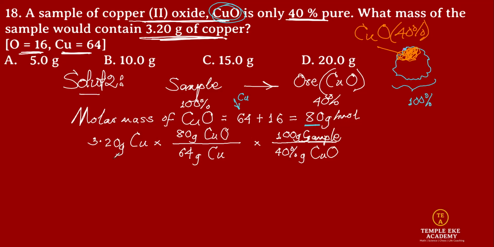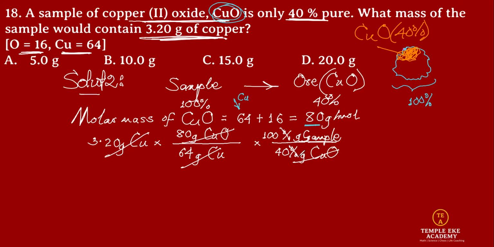Now, as we observe, the units already give way. Gram of copper 2 oxide eliminates gram of copper 2 oxide. Gram of copper eliminates gram of copper. Gram of copper 2 oxide eliminates gram of copper 2 oxide. And the surviving unit is now percent gram of the sample. Actually here, this needs to be well clarified. What we have here is actually 100% the gram of the sample. So percent unit here knocks out the percent unit here, of course.